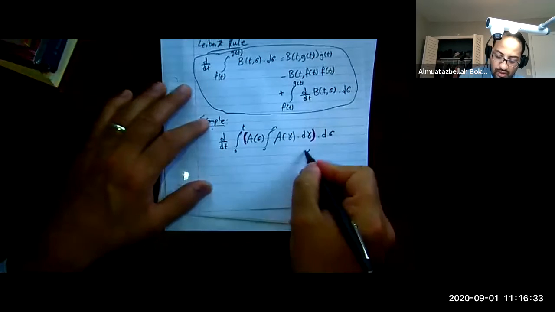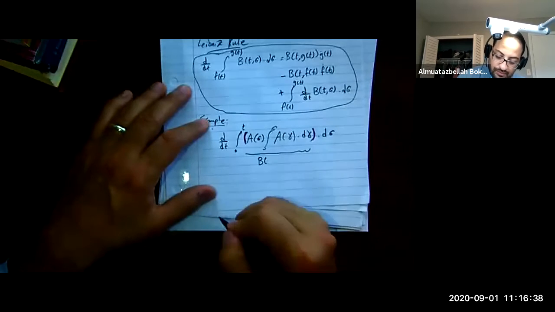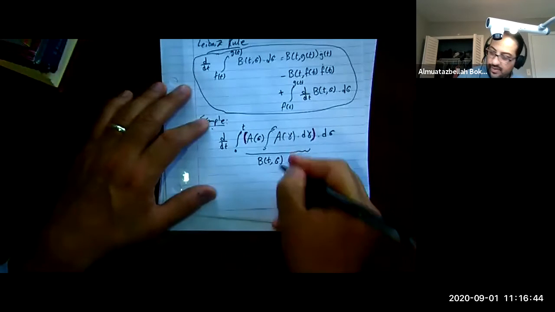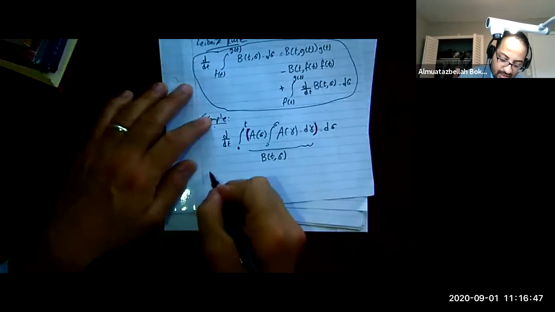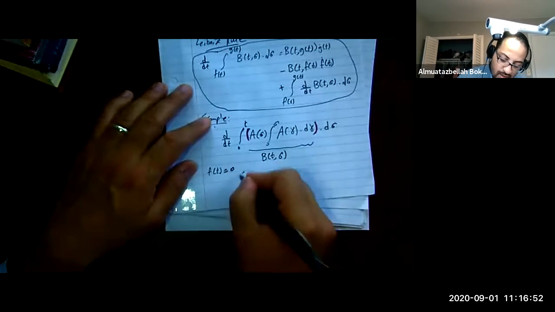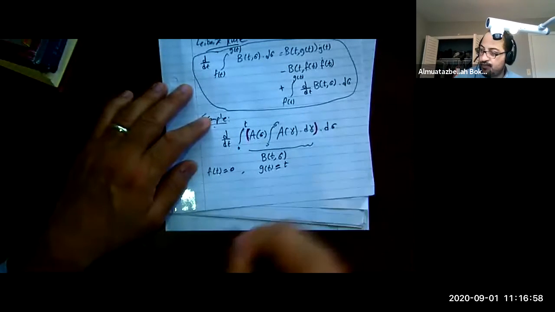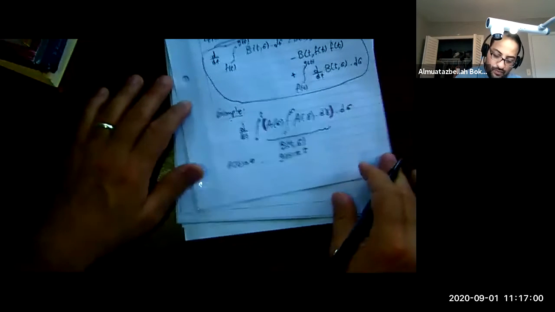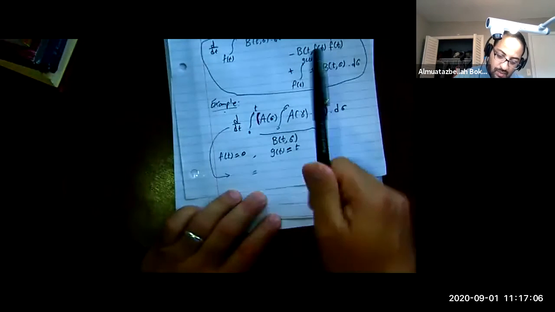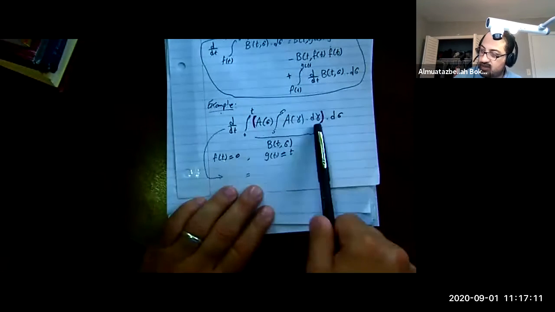So if we call the whole thing b of t and sigma, and also we notice that f of t is equal to 0, right? And g of t is equal to t. So this is equal to, applying now the Leibniz theorem, b is what's inside.